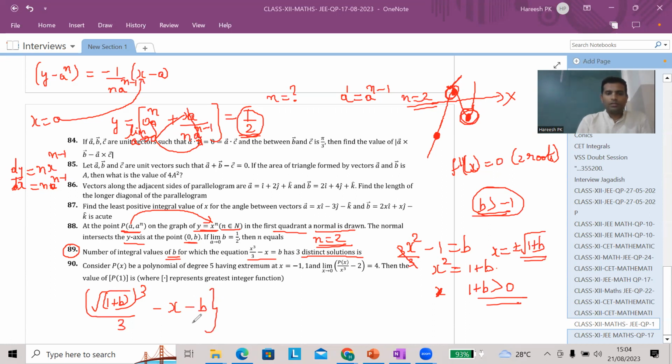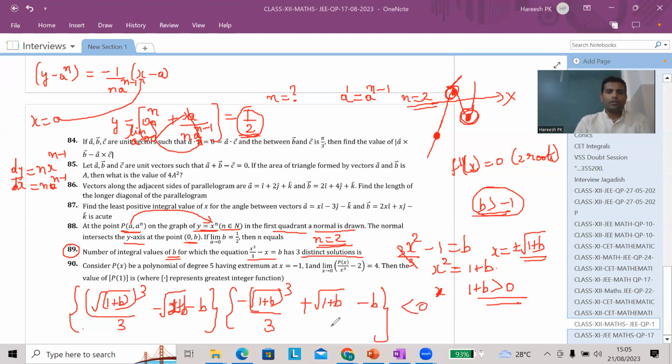This is the value of the function at root 1 plus b, and then you will have minus this way. This should be less than 0.